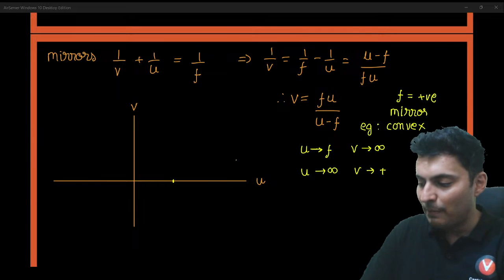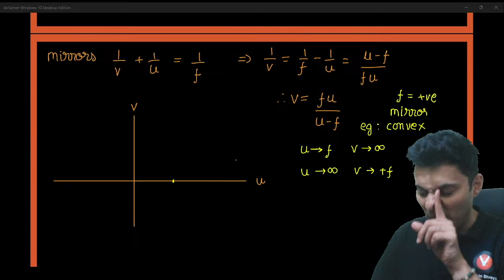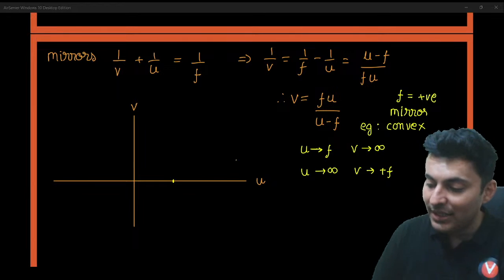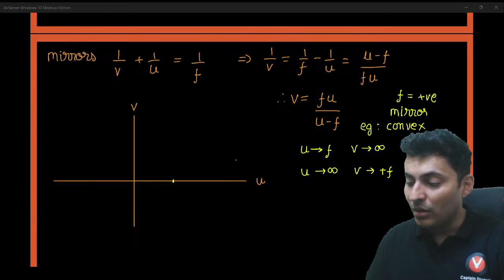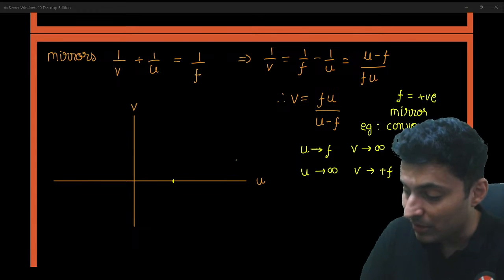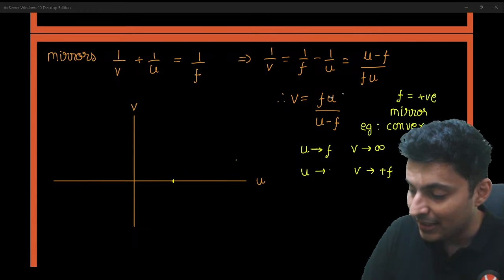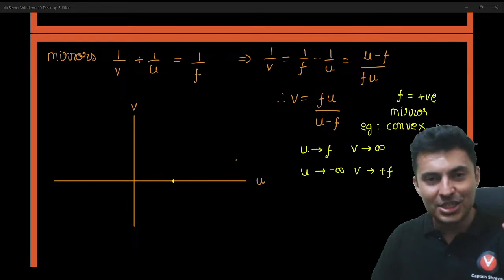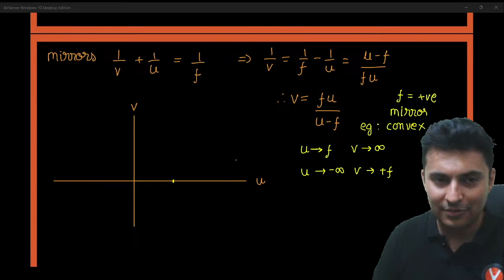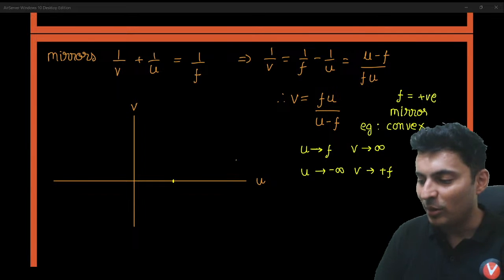The object is at infinity. Actually, it should be at minus infinity, not plus infinity, taking into account the sign convention. The image will be formed at f.